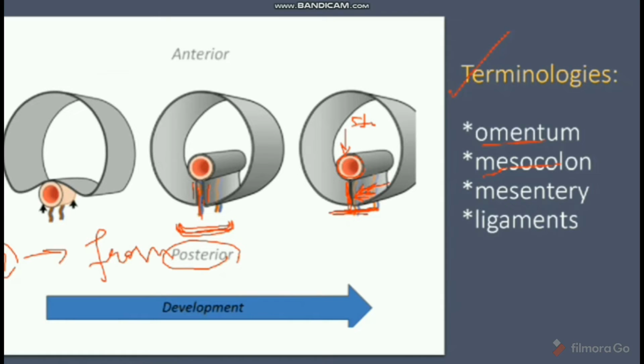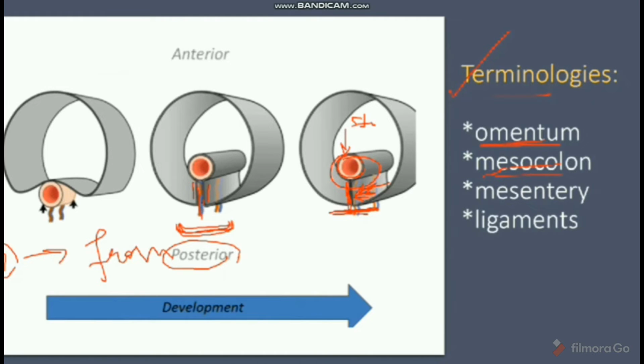Also, I have noted down some terminologies here on the right side, and I want you to understand them. Now, this ligament in here, if it's supporting the stomach in here, then that ligament will be called an omentum. If the same thing, this ligament, is supporting the large intestine or the colon from the posterior abdominal wall, you will be calling it a mesocolon.